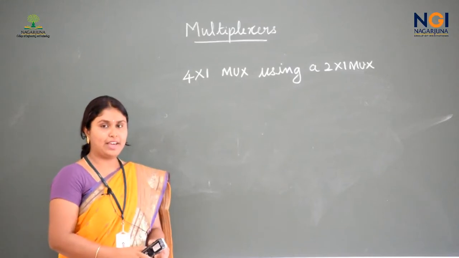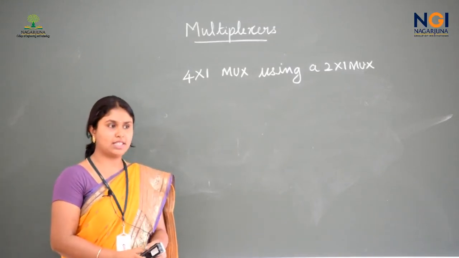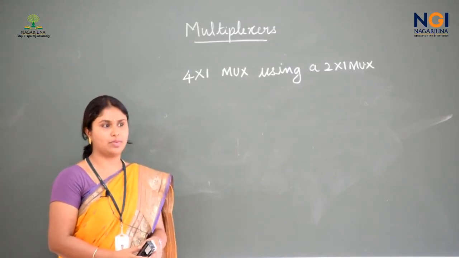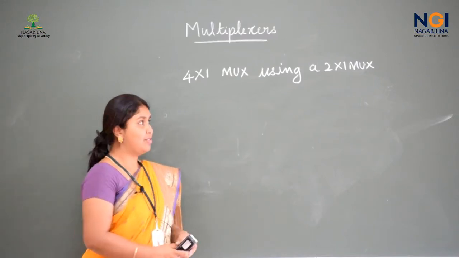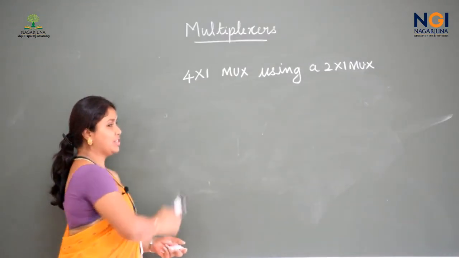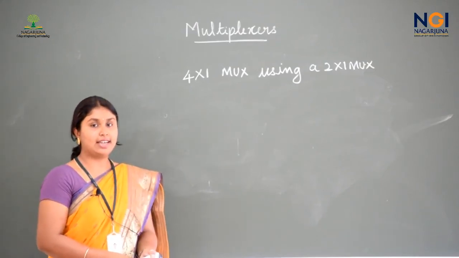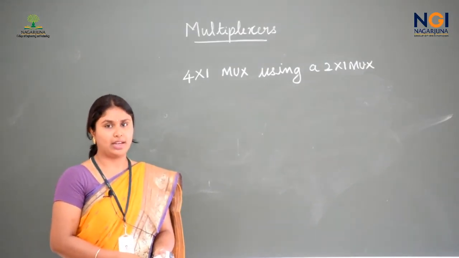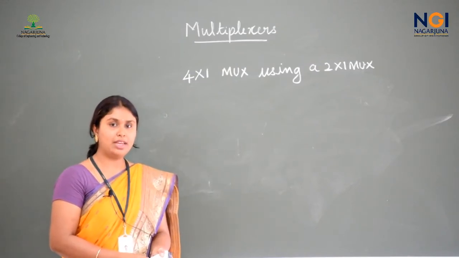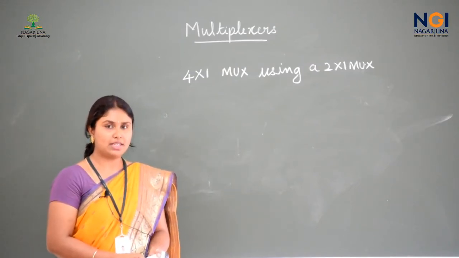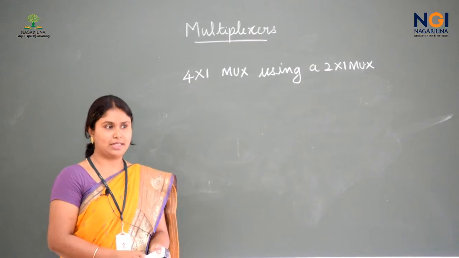First, we have to define how many 2x1 multiplexers are required to build a 4x1 multiplexer. For that, we take the number of inputs in the higher order multiplexer and divide it by 2 continuously until we obtain the quotient 1. With that, we will know how many lower order multiplexers are required to build a higher order multiplexer.